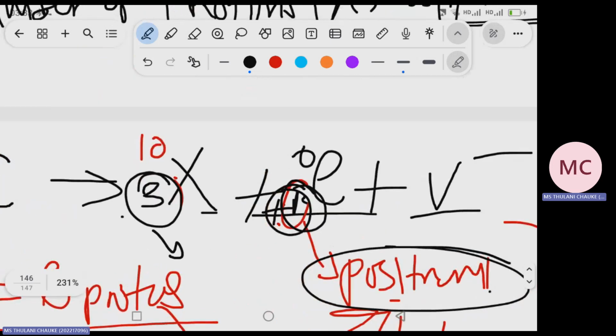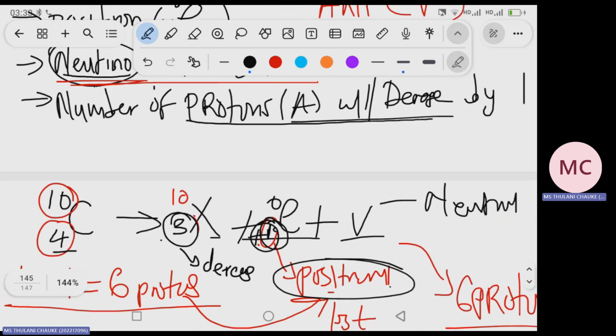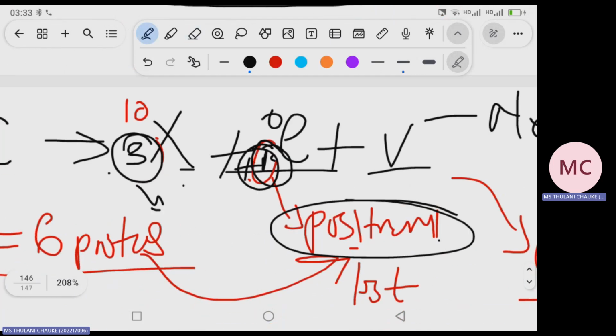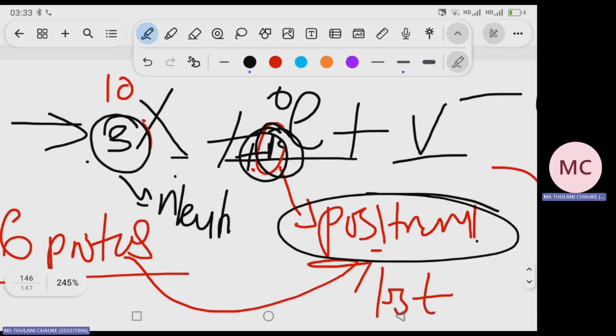So you see, the number of protons has decreased. Actually, let's say the number of neutrons has decreased by 1.